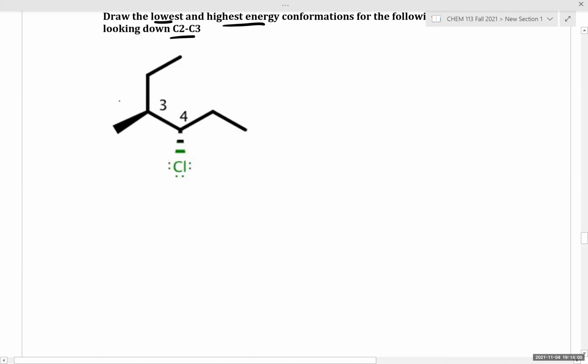So for example, if we look down C3, C4, I'm going to start just by drawing a basic outline of what's going on.